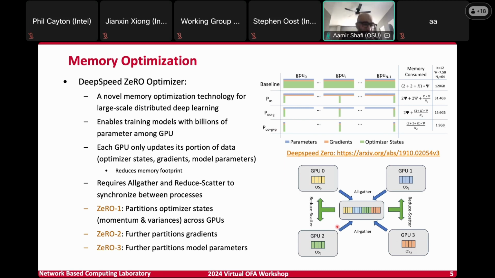So I think at the core of the DeepSpeed Zero approach is that this all reduce operation is broken down into stages. First, an all gather is performed, which is then followed by a reduce scatter operation. And between all gather and reduce scatter, the forward propagation or the computation is essentially being performed by different devices.